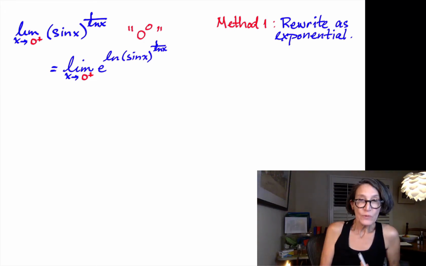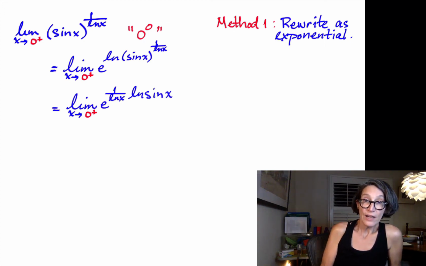And then we can rewrite that exponent using properties of logarithms. I can bring down that 1 over natural log of x, so I can rewrite that as e to the 1 over natural log of x times the natural log of sine of x.